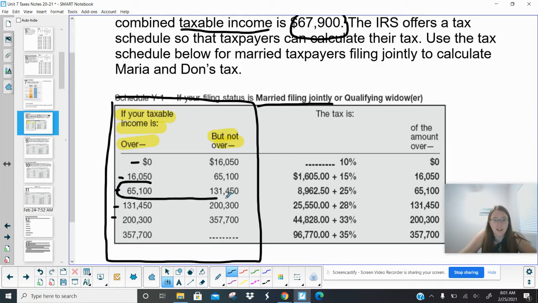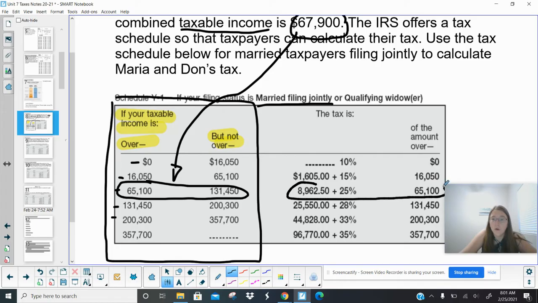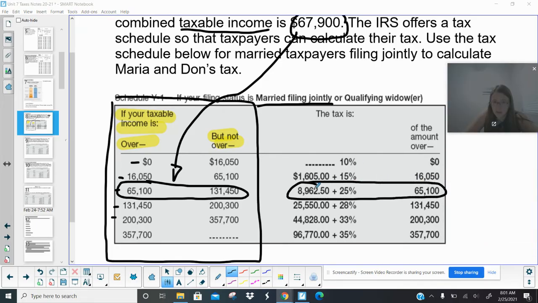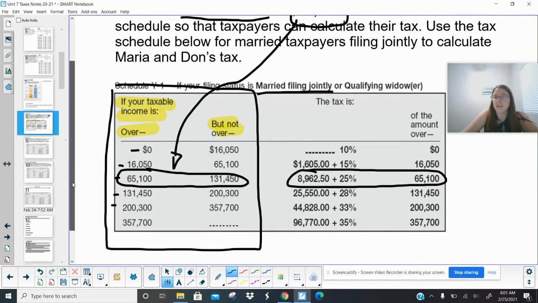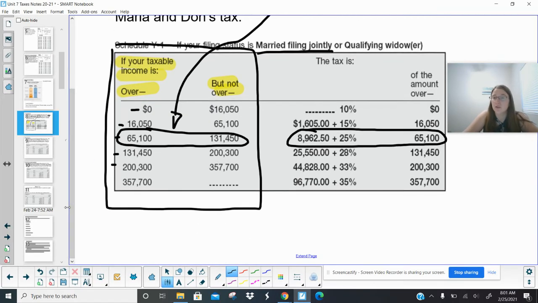Hopefully you saw it's the third row, right? 67,900 falls in between those two numbers. So that means we are only going to use this line, and we're not going to use the rest. We only use the line for where our income falls. So basically they've done some of the math for you. You just have to do a little bit more math.